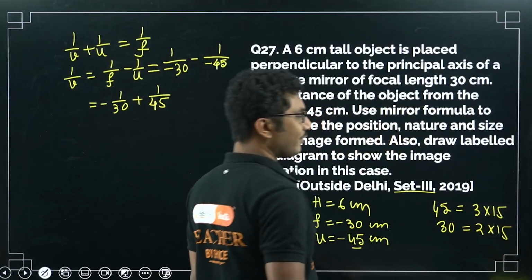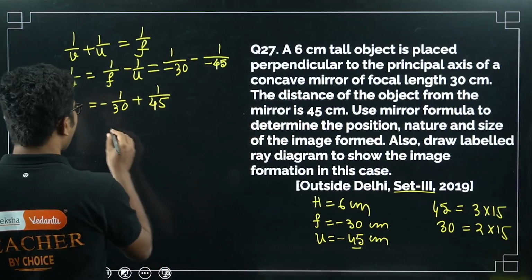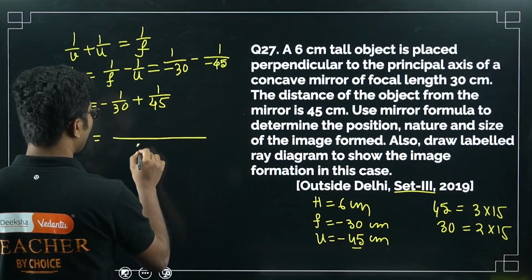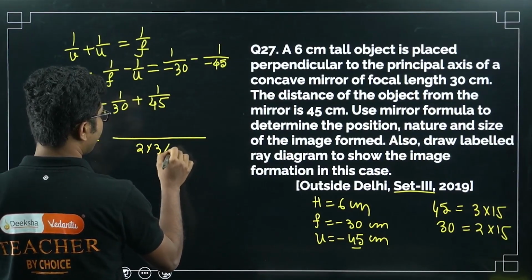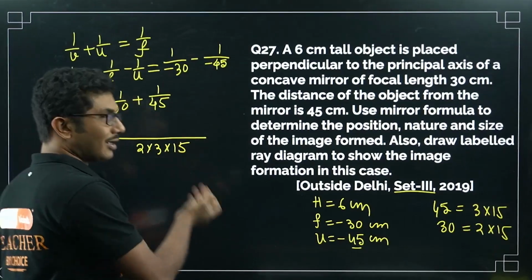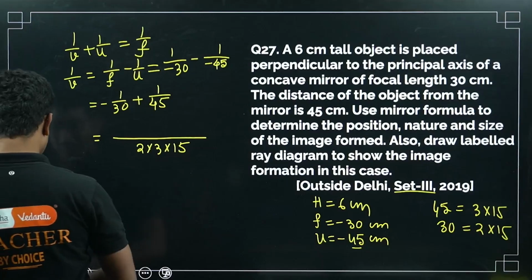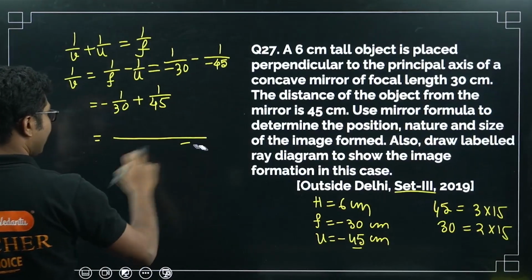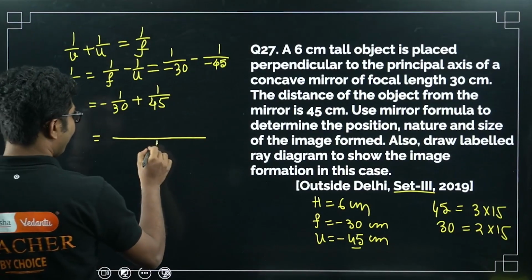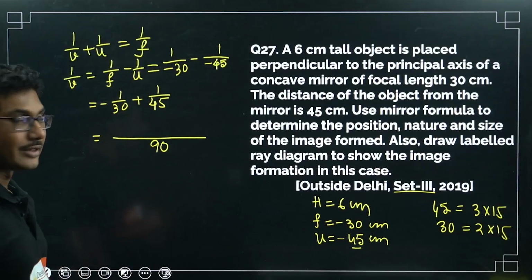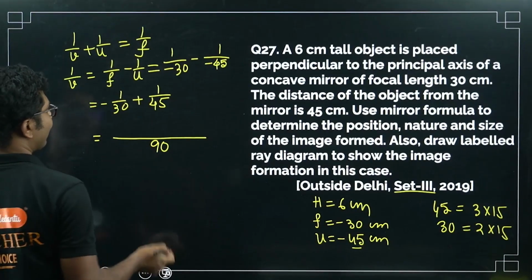So the LCM will be 2 into 3 into 15. You can multiply it, 6 times 15 is 90, that is fine, or you can keep it like this. Whichever you are comfortable with. You can do the old fashioned way, or a newer fashioned way.